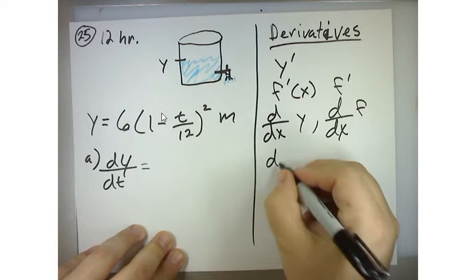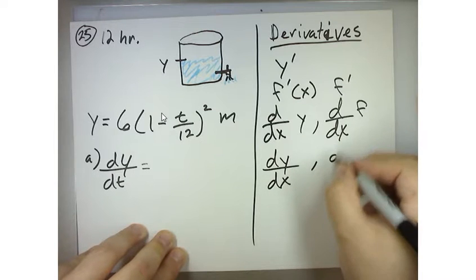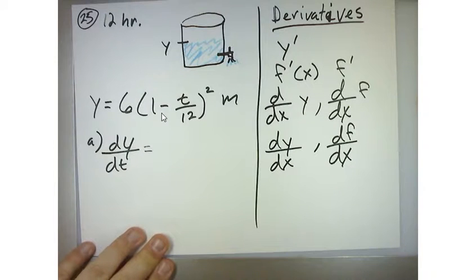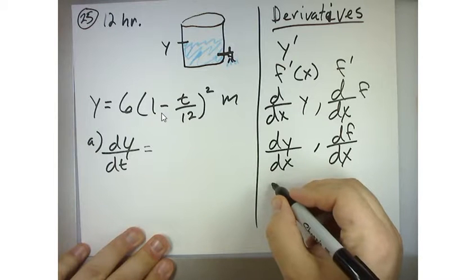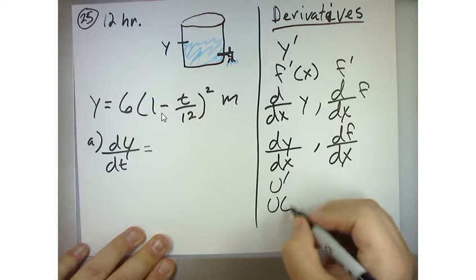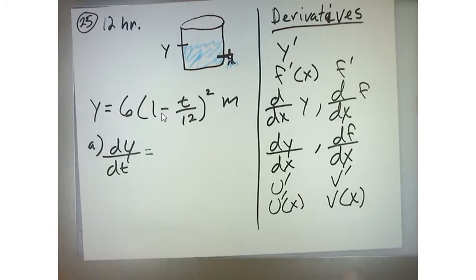Or you could see it like this, dy/dx, or like this, df/dx, right? There's a couple other ways. And sometimes when we use u substitution, we might say u prime or u of x prime, or v prime or v of x prime. So there's lots of ways that you could write it. The reason there's a couple different ways is that Newton and Leibniz both kind of developed calculus at the same time, and one uses one notation and the other uses the other.